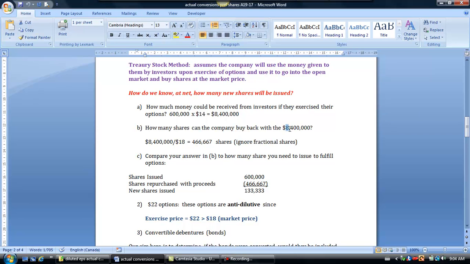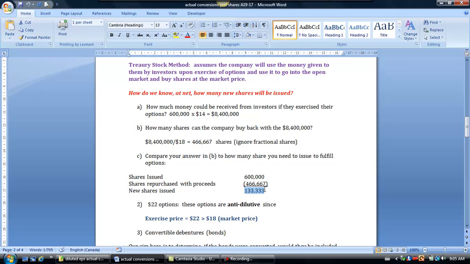We would have taken that $8.4 million and, based on the treasury stock method, gone into the open market and tried to buy back some shares at the market price, which we're told is $18 a share. So ignoring fractional shares, we would have bought back 466,667 shares in order to issue 600,000. So we would have still had to issue 133,333 shares. Okay? Now, we're going to come back to this when we're doing our diluted EPS calculation.